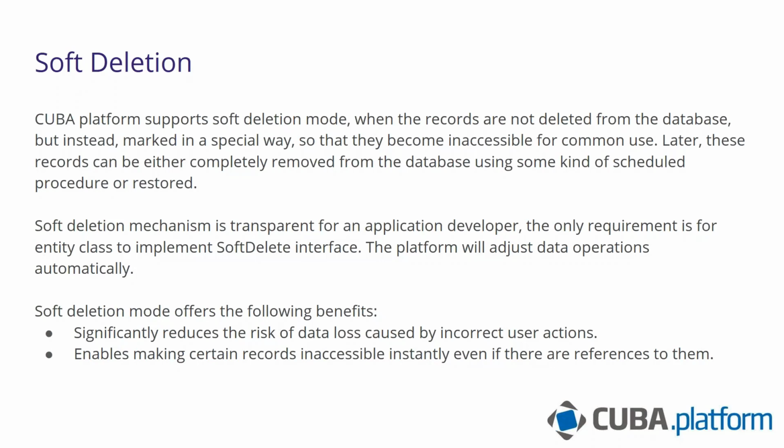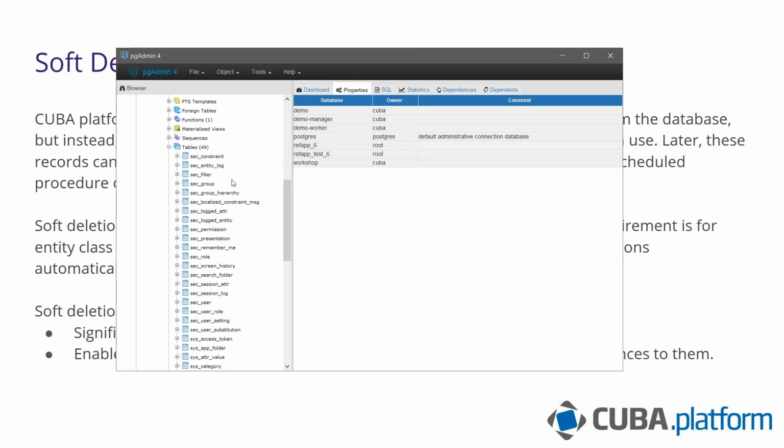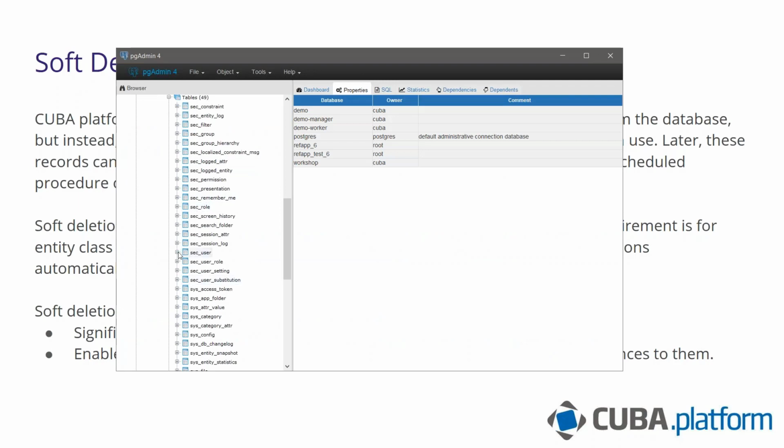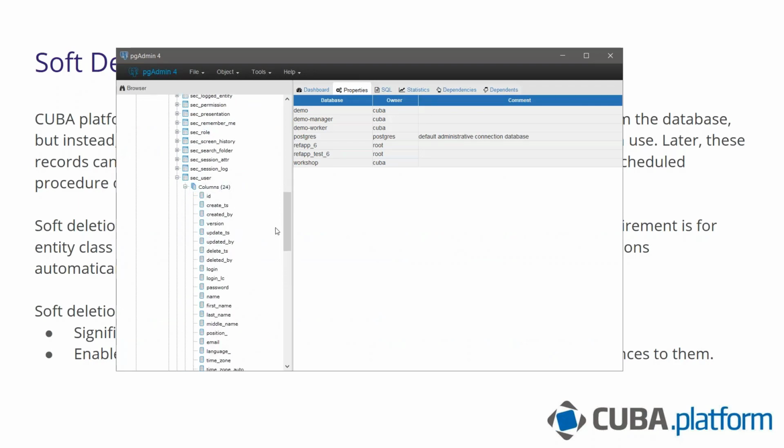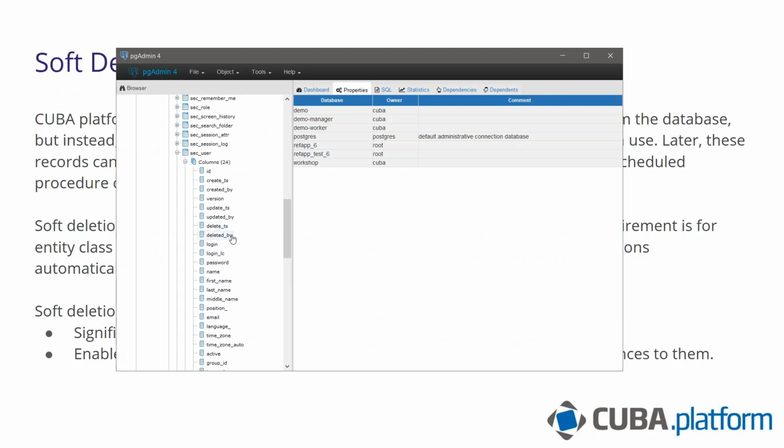So if you check standard entities, for instance, user or maybe role, you'll see delete TS and deleted by attributes. Delete TS attribute is used for soft deletion mechanism. It is set to value when this entity gets removed.